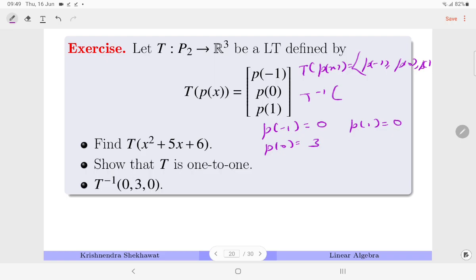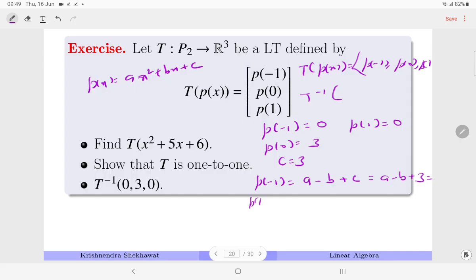So if p of x is ax square plus bx plus c, then p of 0 is c, so this means c is equal to 3. Now p of minus 1 is a minus b plus c, which is a minus b plus 3, and this is equal to 0.